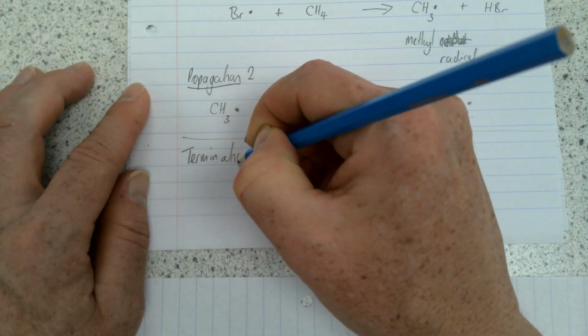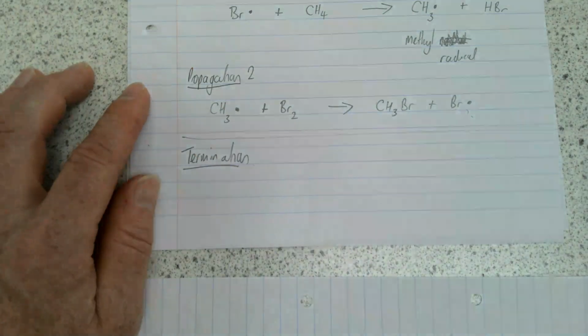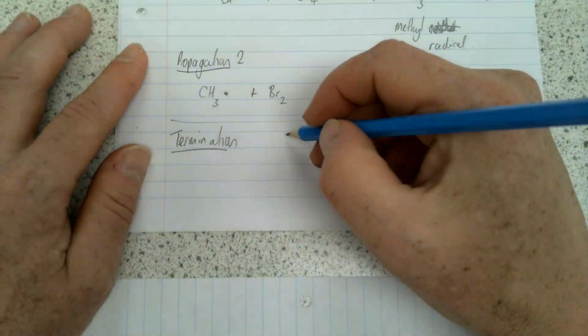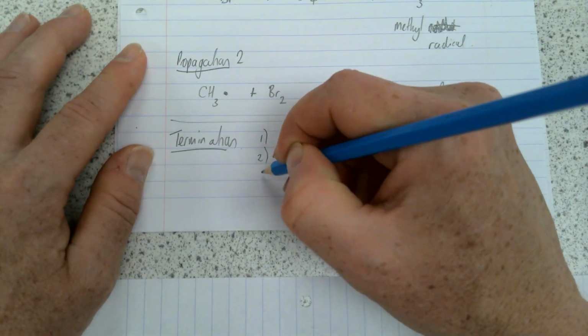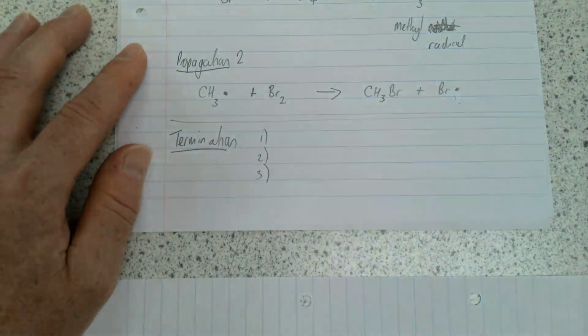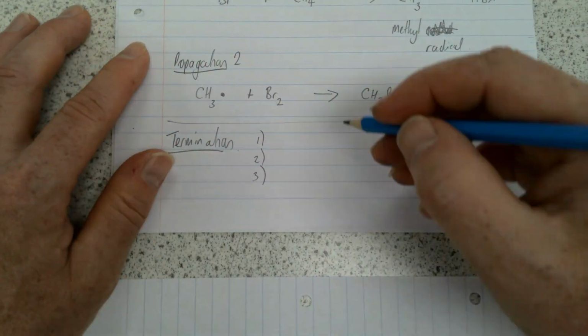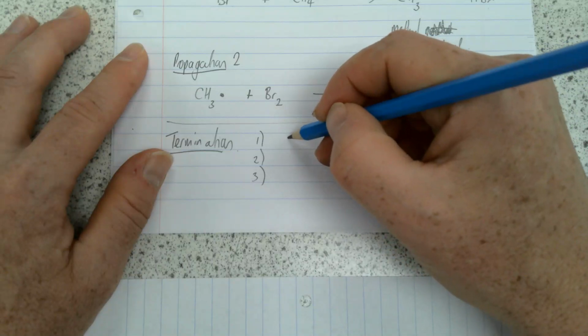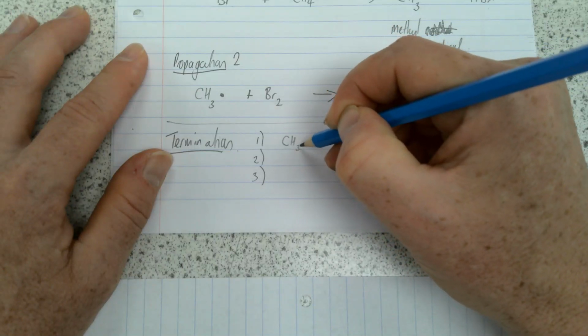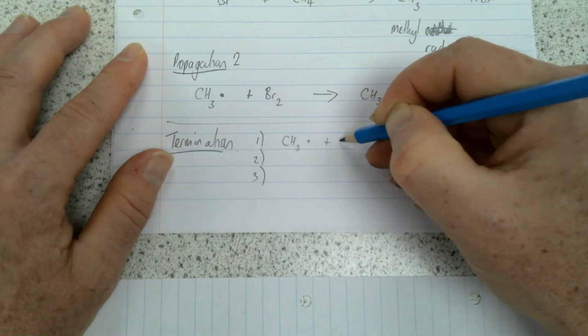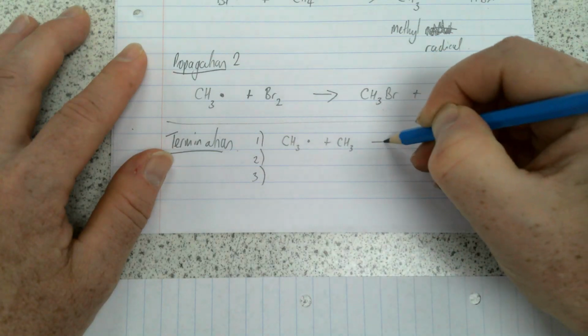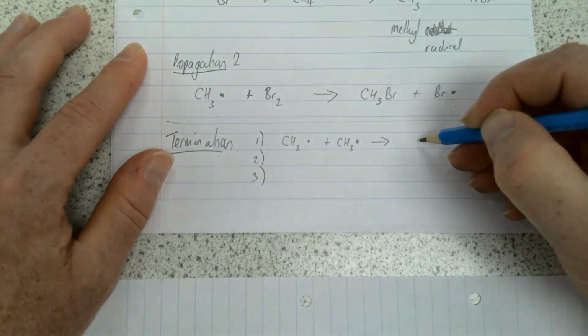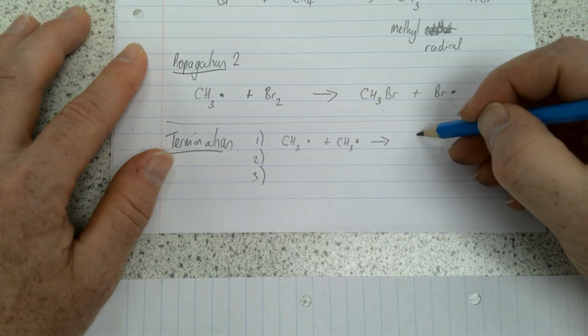So you go ahead and start copying up propagation 2. And there are 3 possible termination steps that usually people find easy to learn. All it is is combination of 2 radicals to make a molecule that's not a radical.